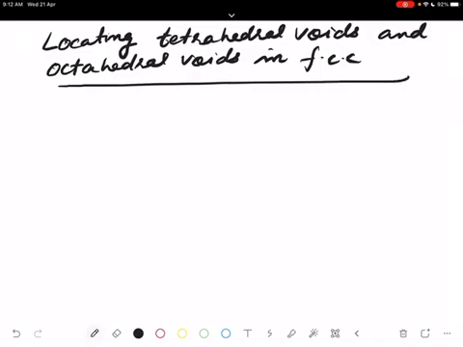In an FCC, you have to locate the position, first locating tetrahedral voids. Then afterwards, we'll be finding the octahedral voids in FCC. So an FCC unit cell, what is an FCC unit cell?